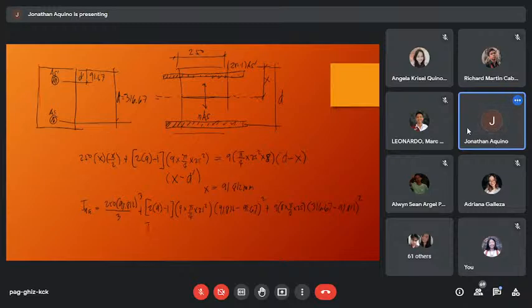So INA, the central moment of inertia, is equal to, please solve.